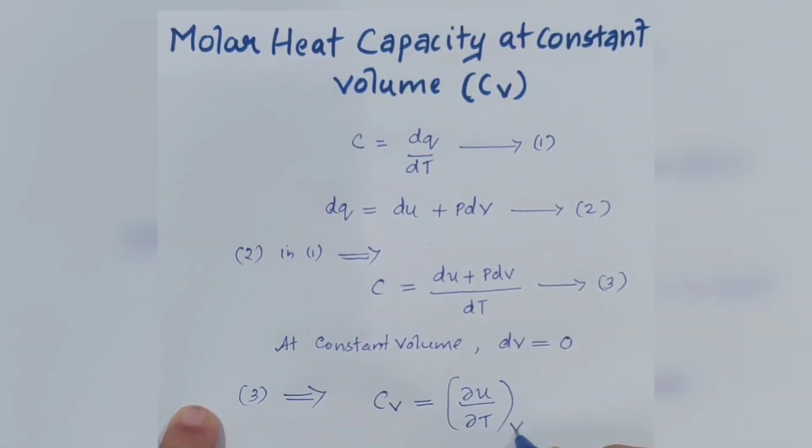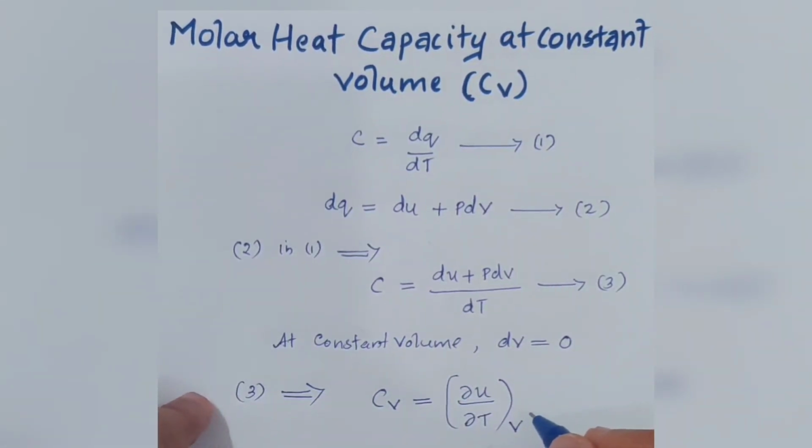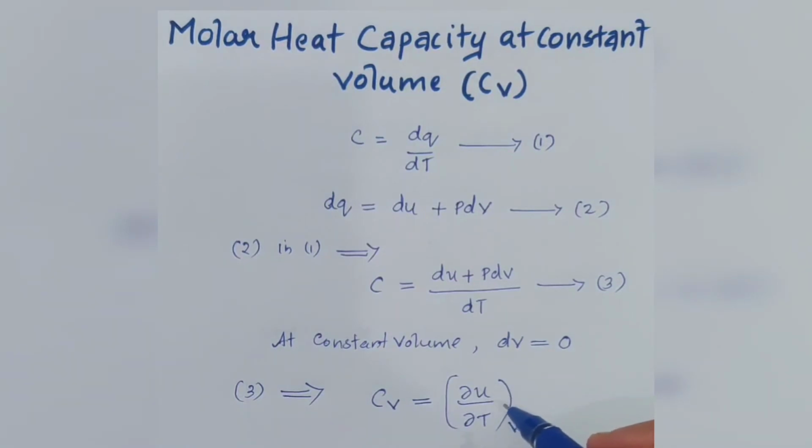The molar heat capacity at constant volume of a substance is equal to the rate of change of internal energy of the system with temperature at constant volume.